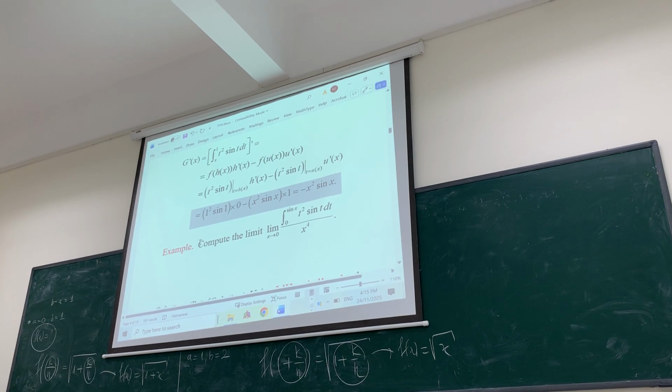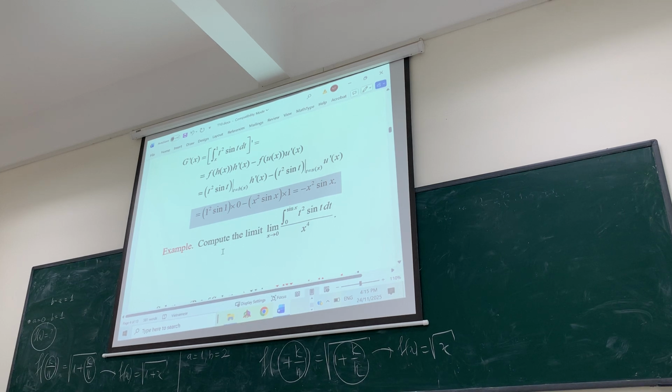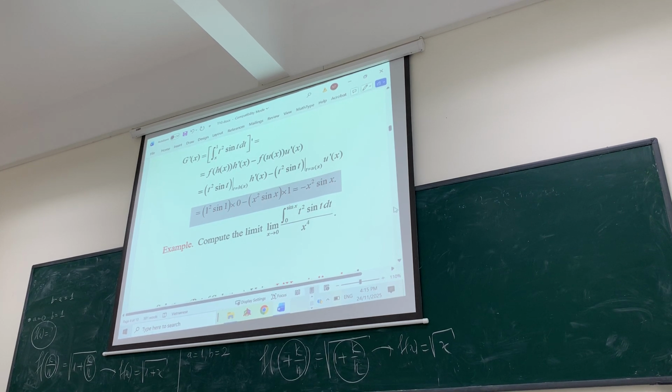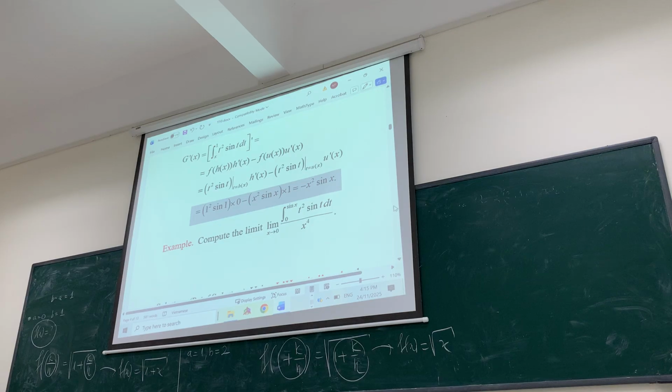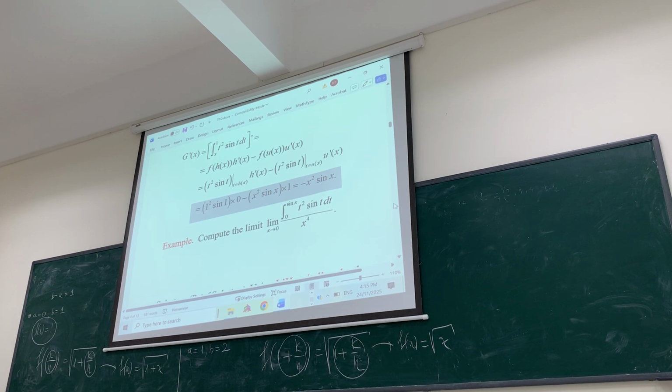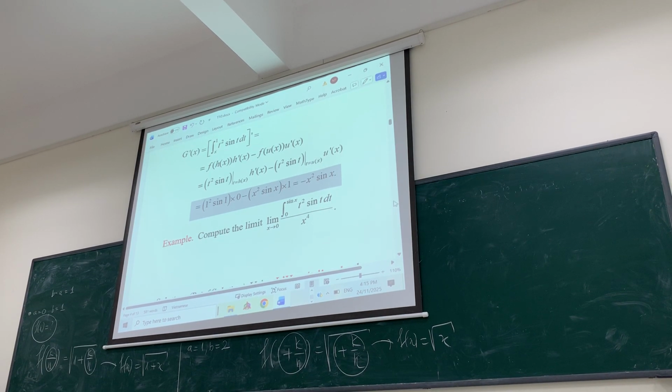Okay, this is how we find the derivative function when the two limits depend on x. Now, let me give you another example. We need to compute the limit. You can see the numerator here is an integral that depends on x, and the two limits depend on x.